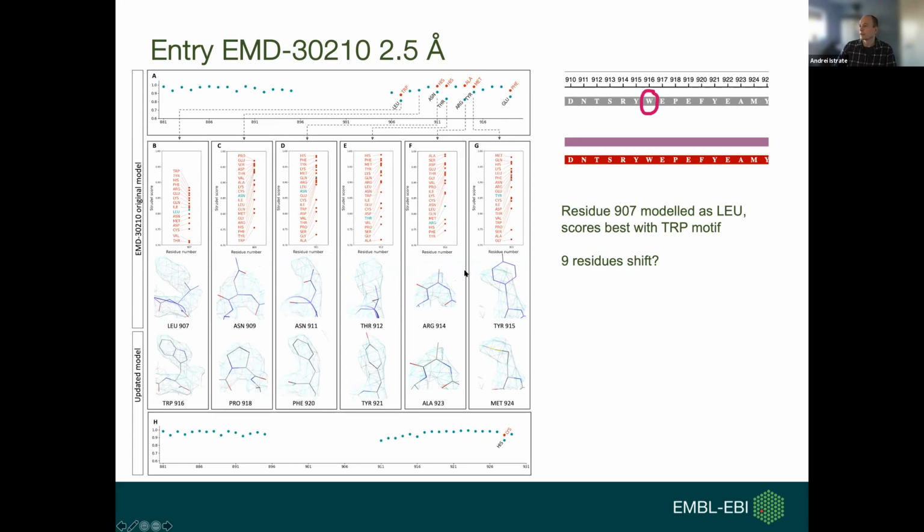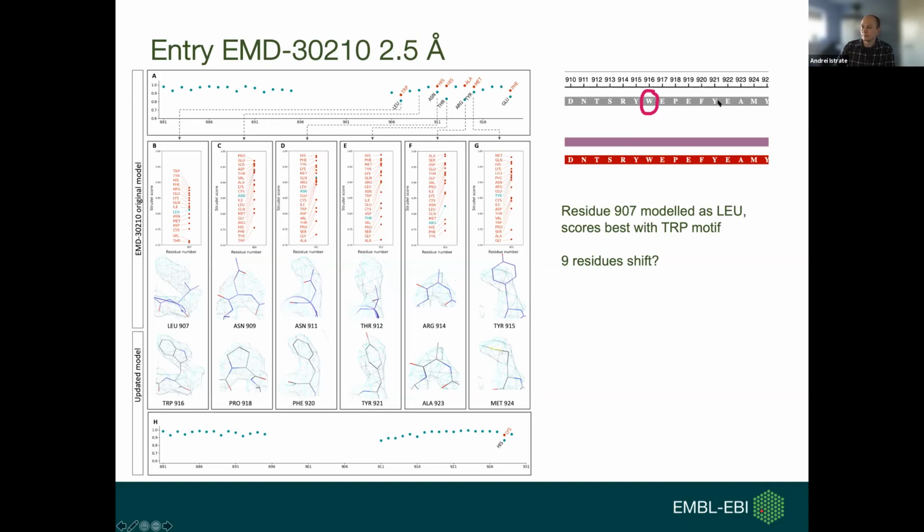And you can see that it actually makes sense. And here are some other residues, like aromatic residues are in general easier to spot. So I look at them. And here, like 911, it's asparagine, but scores best with aromatic residues.